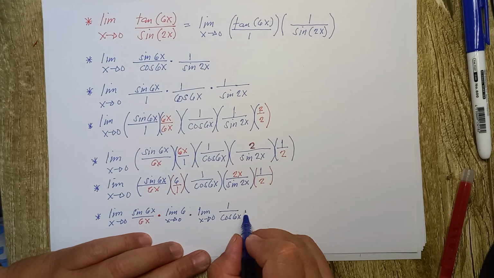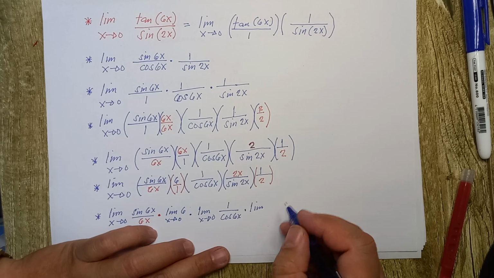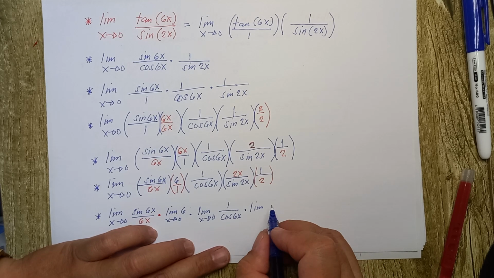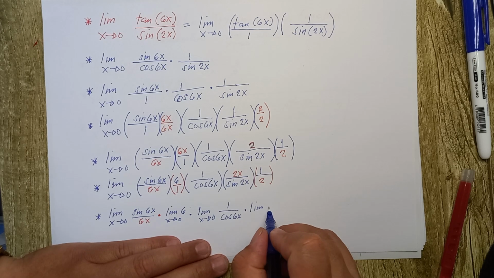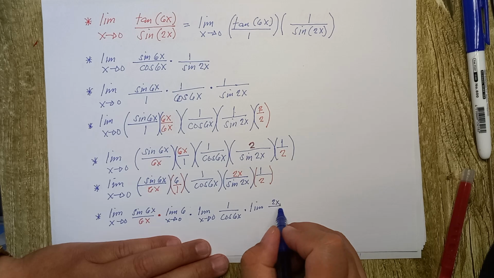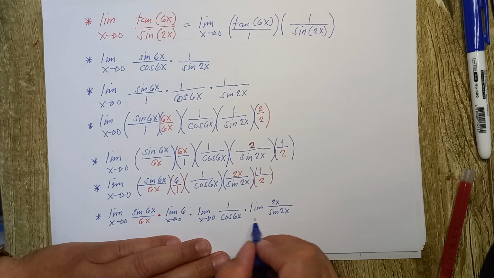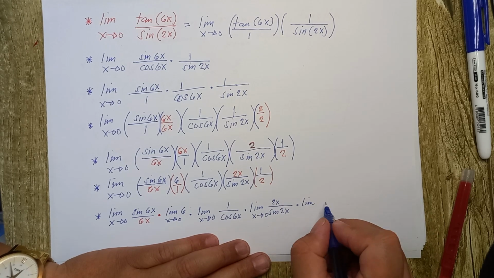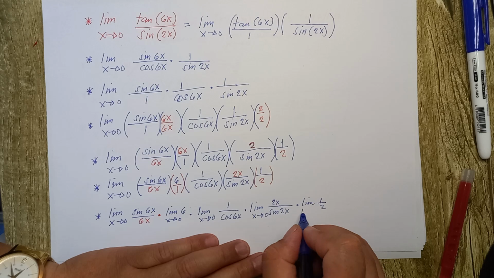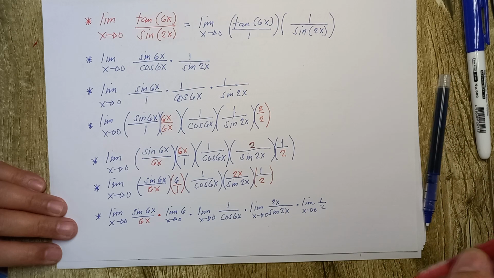Okay, and of course the limit of that is the same as 2x over sine 2x as your x is approaching 0. And of course this one, the limit of 1/2 as your x is approaching 0. Okay, so that would be the result.